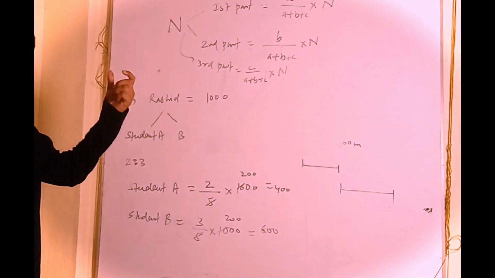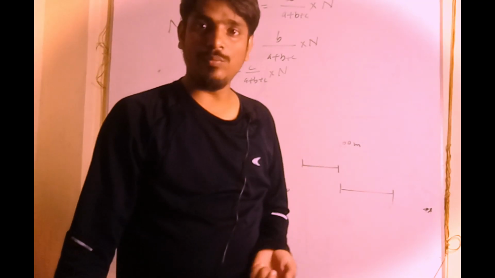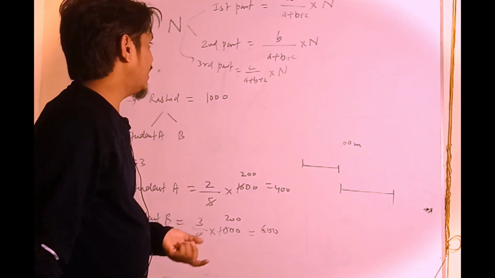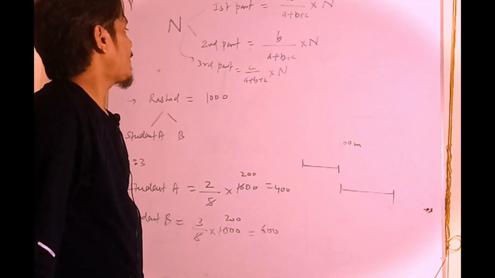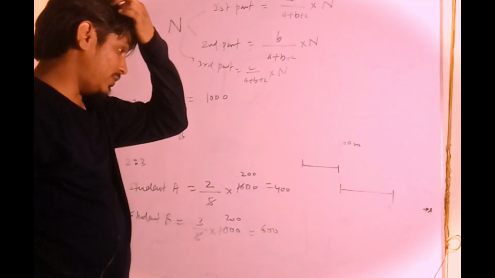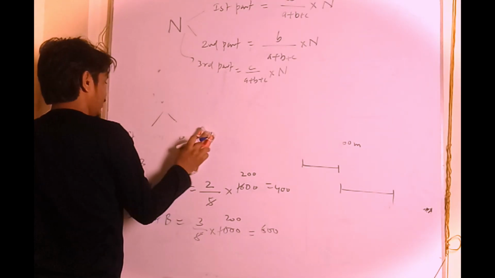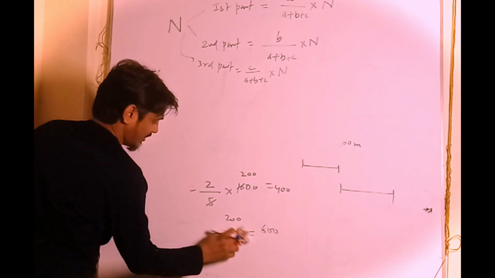This way we can divide numbers among different groups in particular ratios. Most of the time we'll get questions based on this in the case of shares. Okay, now let's move to some other properties of ratios and some more types of ratios.